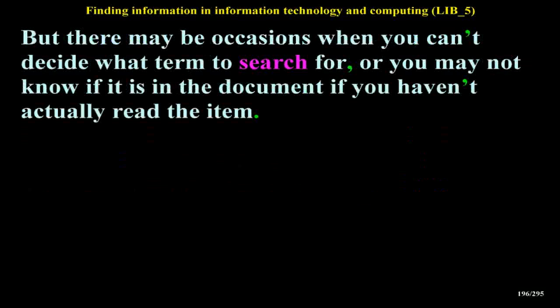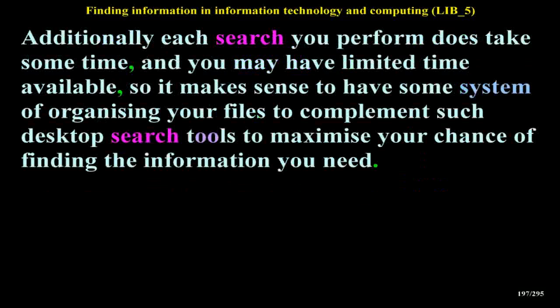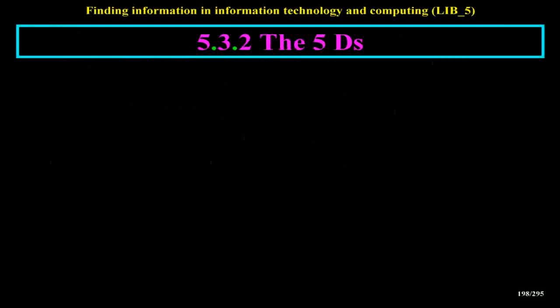But there may be occasions when you can't decide what term to search for, or you may not know if it is in the document if you haven't actually read the item. Additionally, each search you perform does take some time, and you may have limited time available, so it makes sense to have some system of organizing your files to complement such desktop search tools to maximize your chance of finding the information you need.